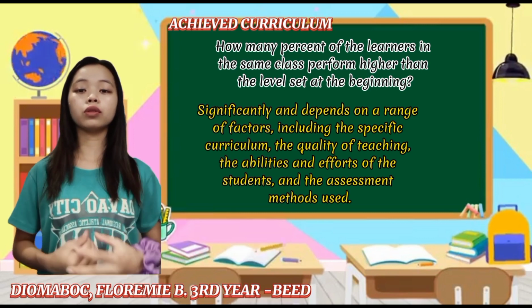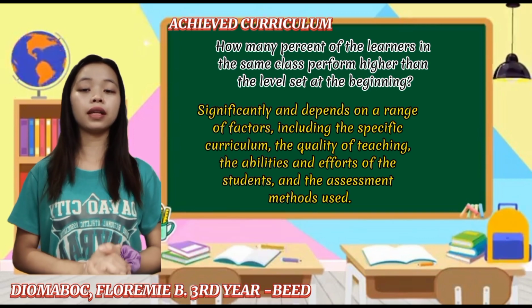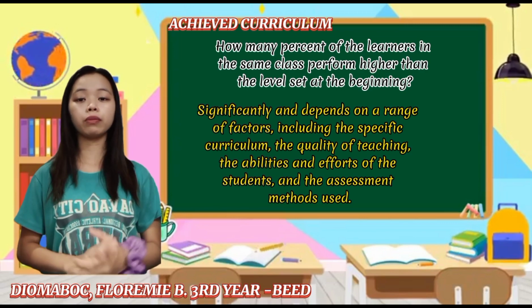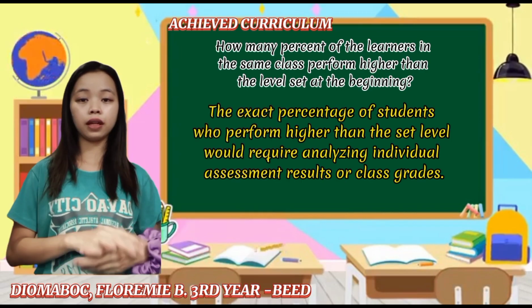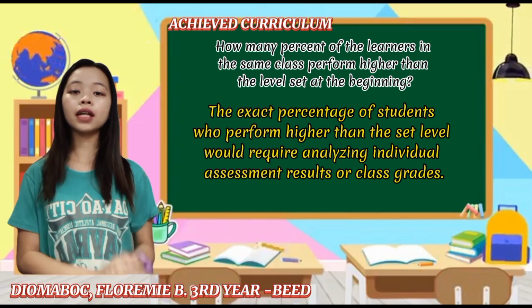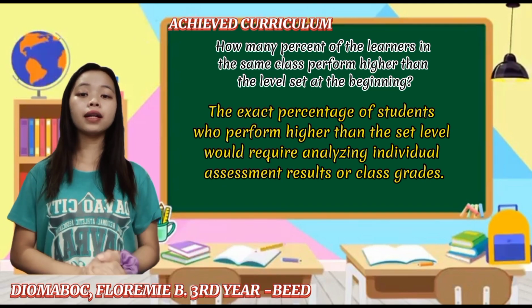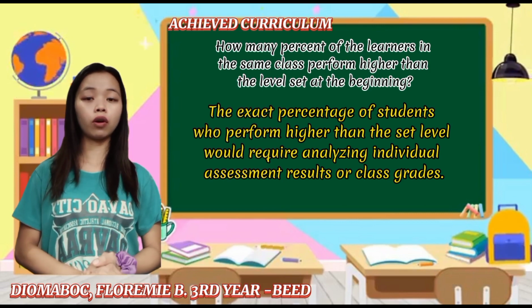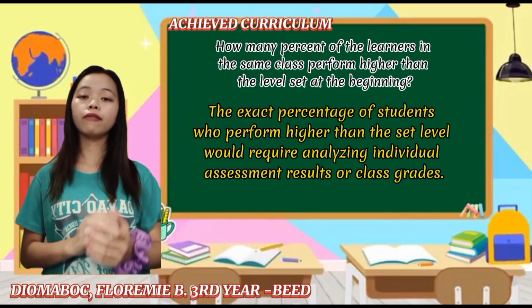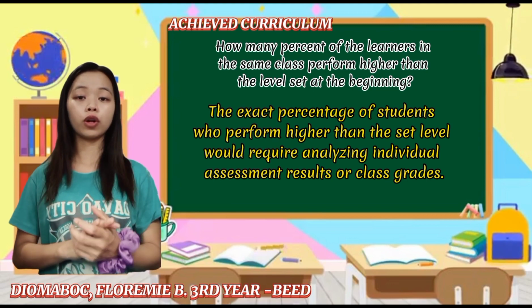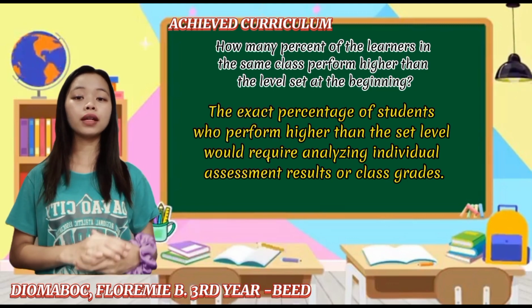It's common to see a distribution of performance levels in a class, with some students performing below, some meeting, and some exceeding the initial expectations. The exact percentage would require analyzing individual assessment results or class grades. There is no fixed or standardized percentage for this, as it can differ from one class to another.